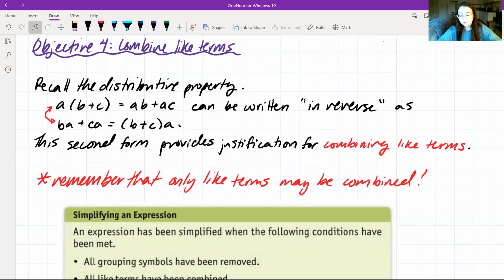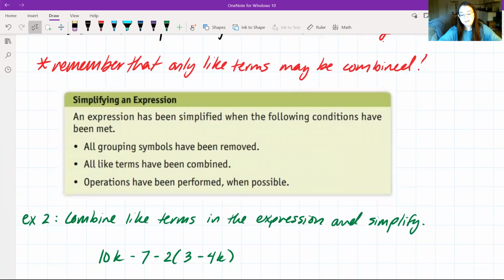So the second form here provides justification for combining like terms. Remember that only like terms can be combined. You cannot combine unlike terms, you can only combine the like terms. In essence, this is telling us that if we have our like terms, we can go ahead and add the coefficients.